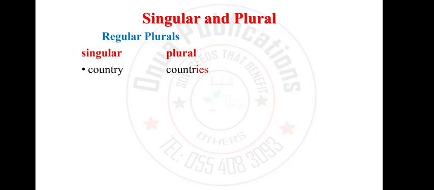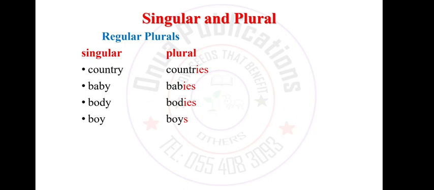However, when the word ends in letter Y, we change the Y to I and then bring ES. So country, we have countries. Baby, we have babies. Body, we have bodies. Boy, here we have boys. So what we are saying is that when the letter before the last Y is a vowel, we put S straight away.